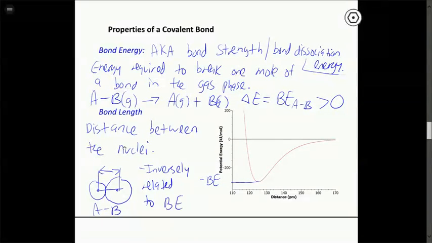In other words, the shorter the bond, typically the higher the bond energy; the longer the bond, you're going to typically have a smaller bond energy. On this diagram, this is going to be the bond distance, the x-axis value where that minimum is reached.